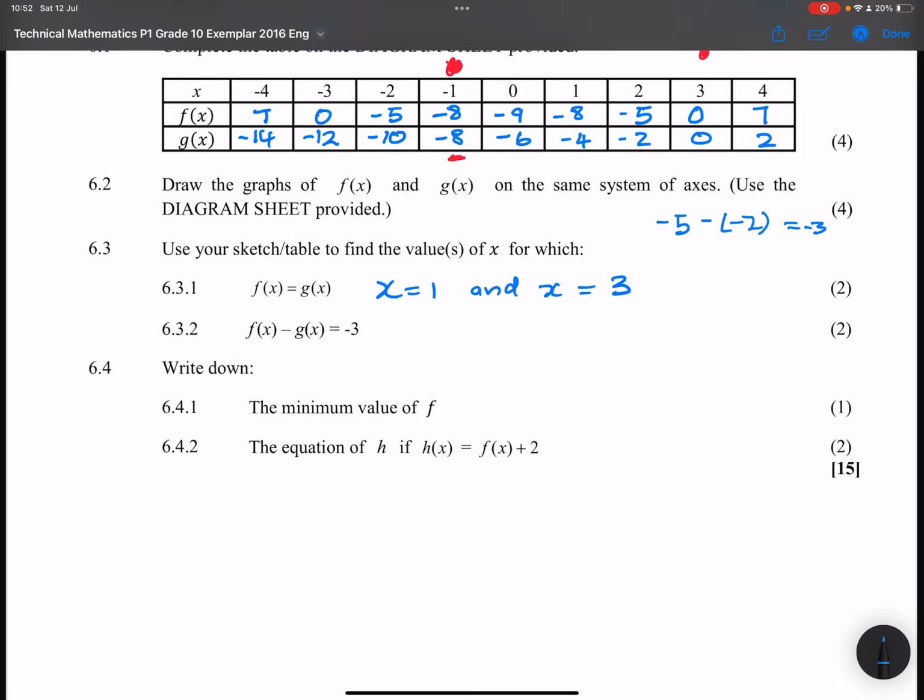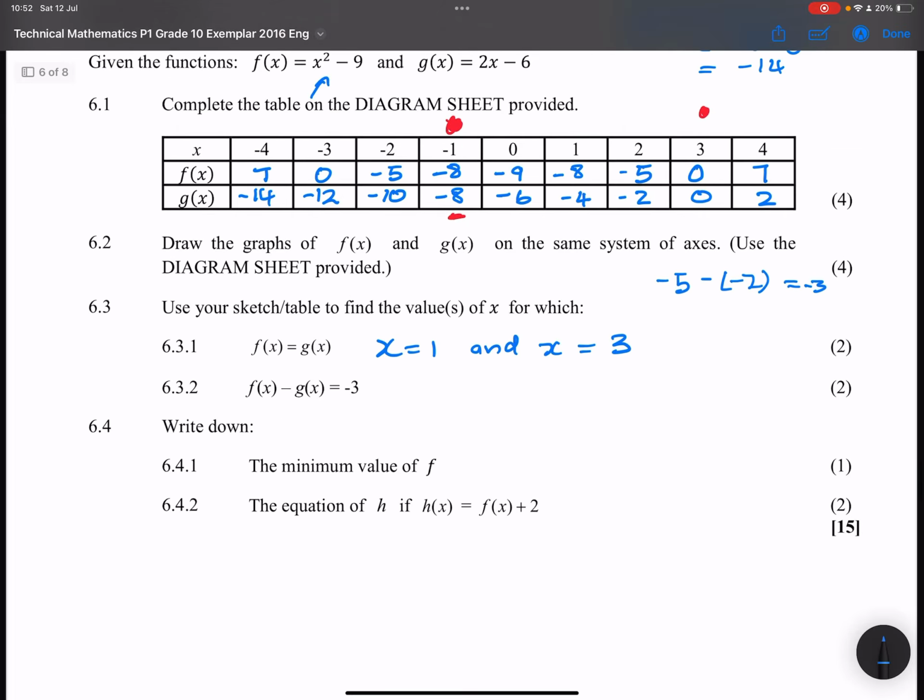Another one, let's see: -9 minus a -6 definitely gives us -3. So this happens again when x is equal to 0.